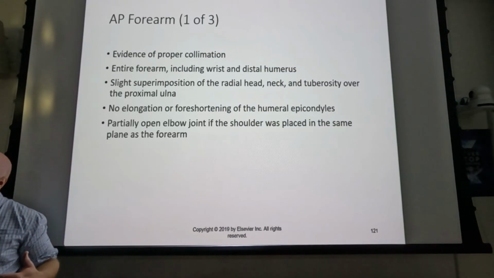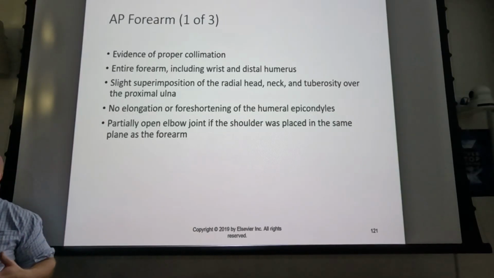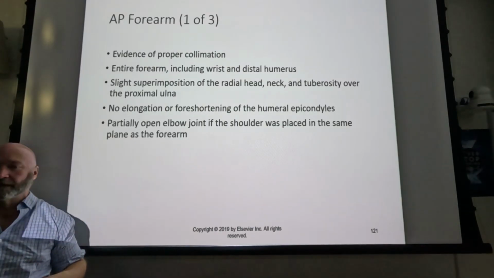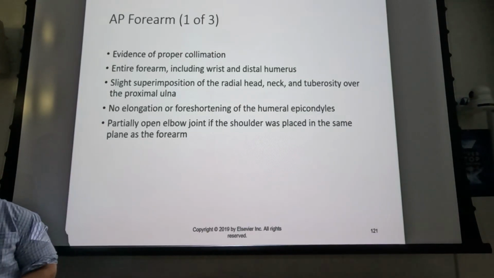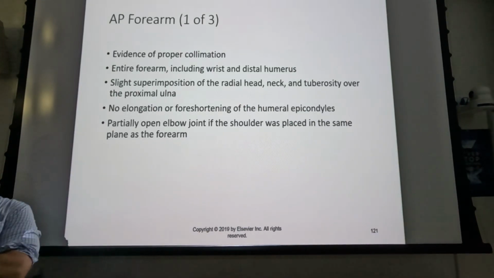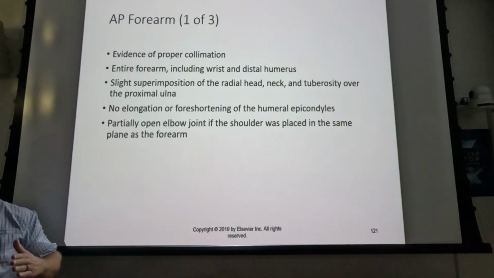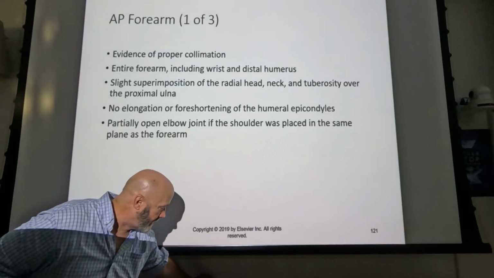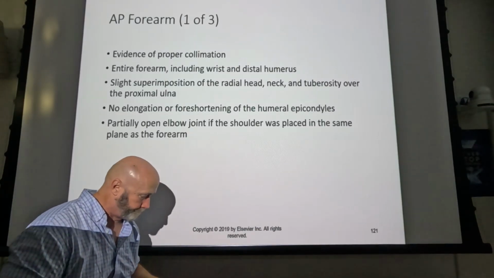But you can put the anatomy kind of catty-cornered from one corner to the other and extend it so that what you really need is not just the anatomy, but you need to extend about 2 inches on either side. And the reason it's that much is because of the divergence of the central ray. What happens with the divergence of the central ray is a phenomenon we call parallax.